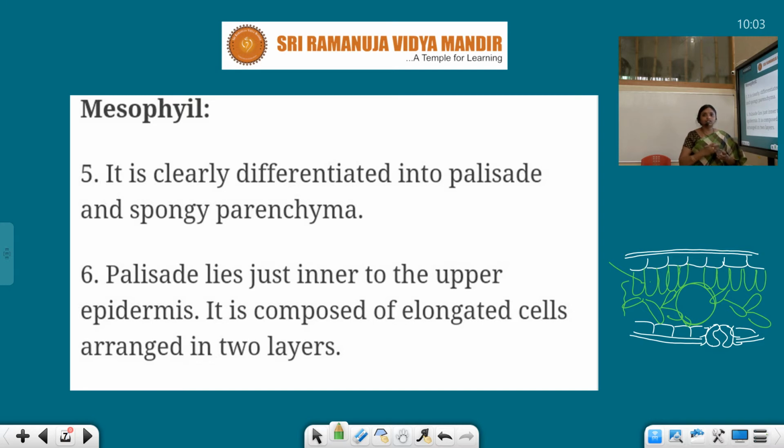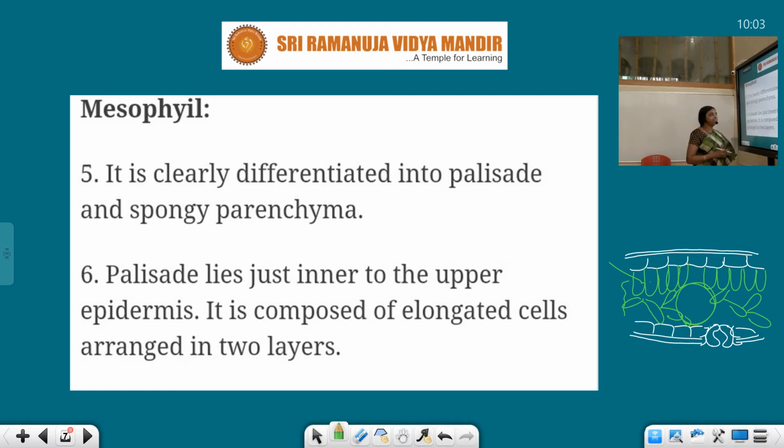So the structure of the leaf is known as dorsiventral, because of dark green color on the dorsal side and light green color due to less chlorophyll on the ventral side. So the leaf is known as dorsiventral leaf.